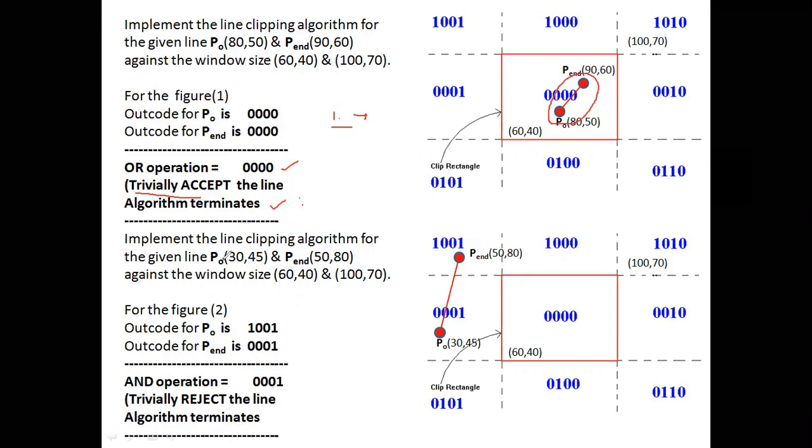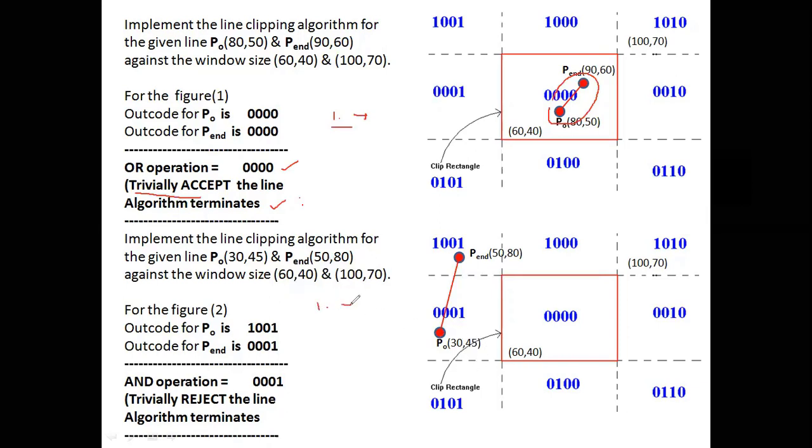Likewise, the same window is taken with another line. It is given with 30, 45 and 5080. We will assign a code.